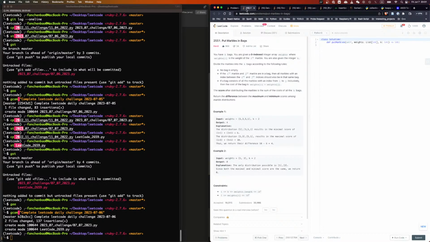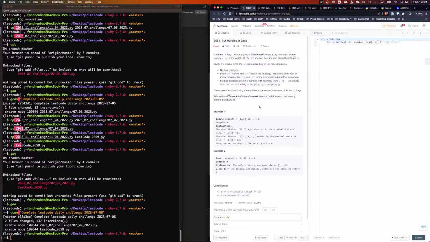When K is equal to 2, we say one divider. It says if the ith and jth are in the bag, then all the marbles in between are in the bag too. So you just put in dividers. Doesn't matter how much K is, you just put K minus 1 dividers in them.